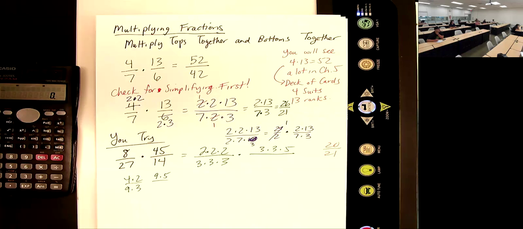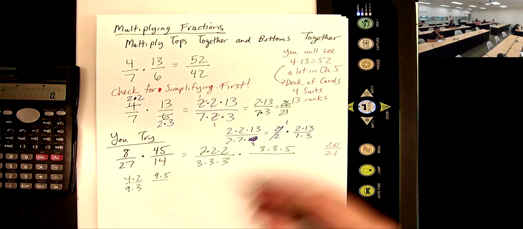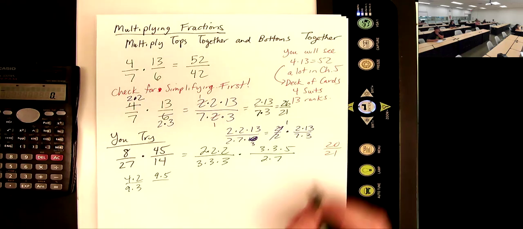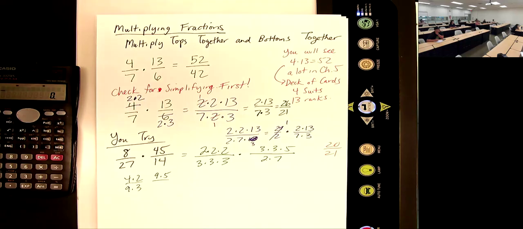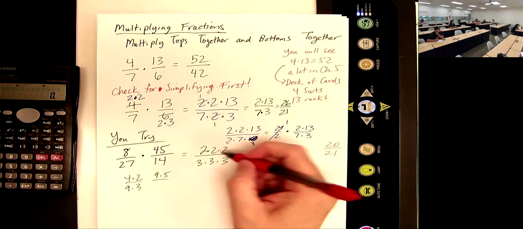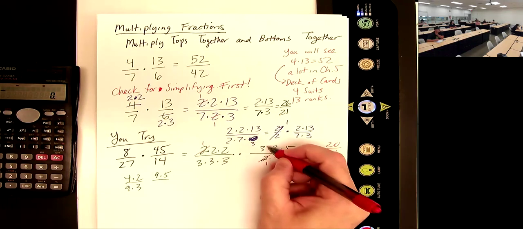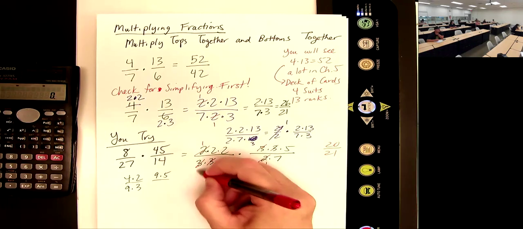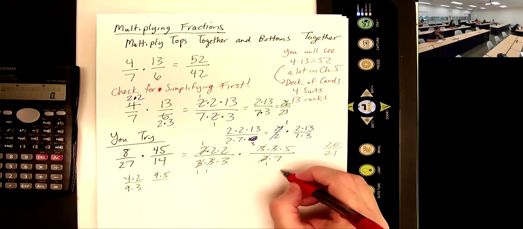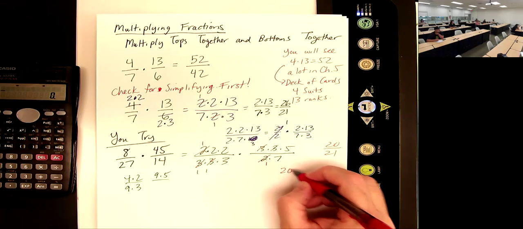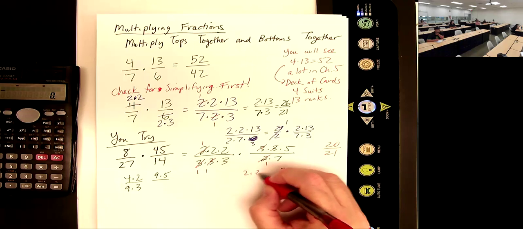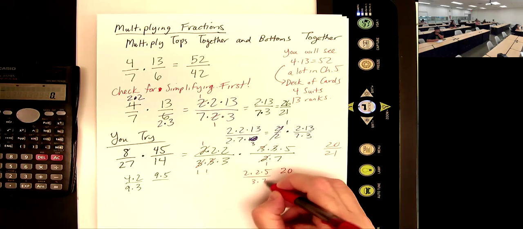So 9 is 3 times 3 times 5, and 14 is 2 times 7. And you can cancel them out without making one big fraction if you do it like that. And you get 4 times 5 on top is 20. And 3 times 7 is 21.